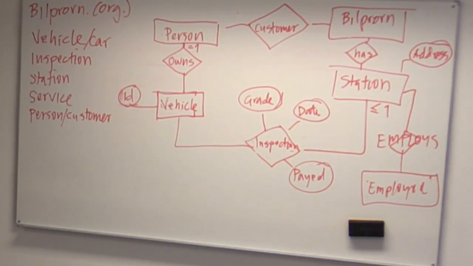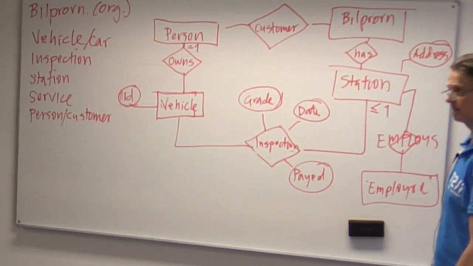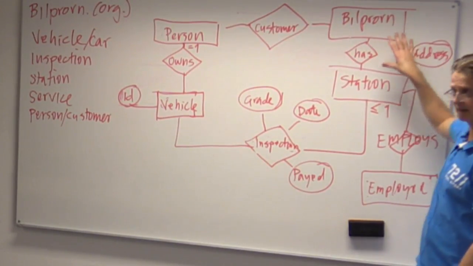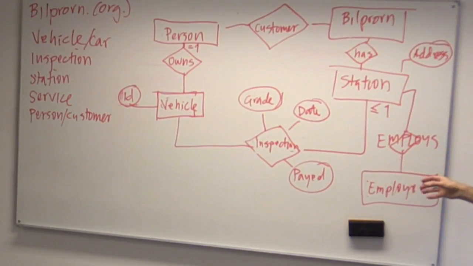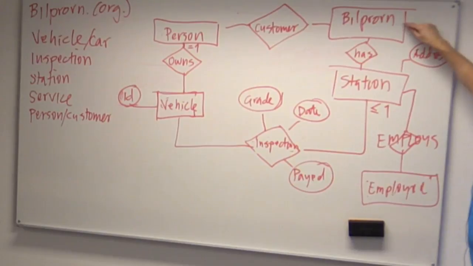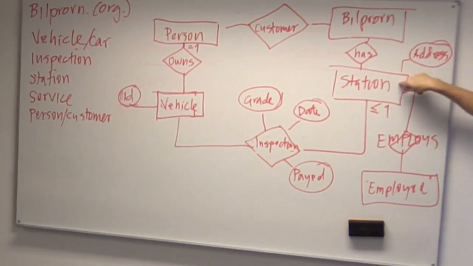But like, doesn't it have to be provided as well, like employees as well? Sorry? Employees? Yeah. Is that something we should do? Say that the employees are actually employed by Bilprovningen, and that station has staff instead? But we have a head office also, so it can be both.